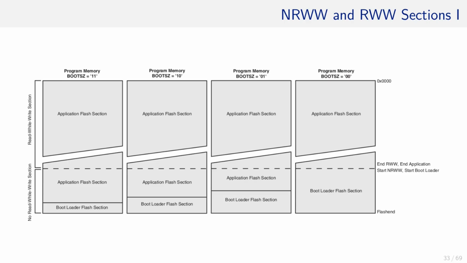As you can see, the no read while write and read while write sections are independent of the fuse setting and the size remains constant. That means if the bootloader section is small, it might happen that the section for the application reaches into the no read while write section.